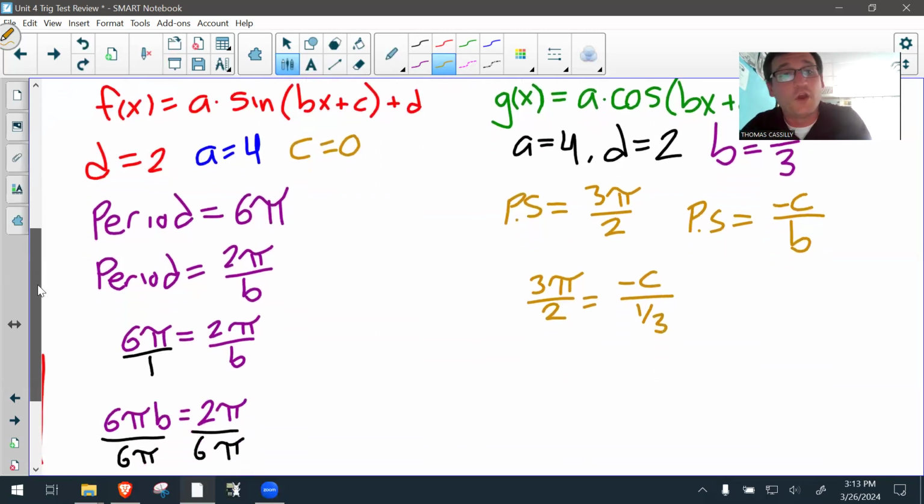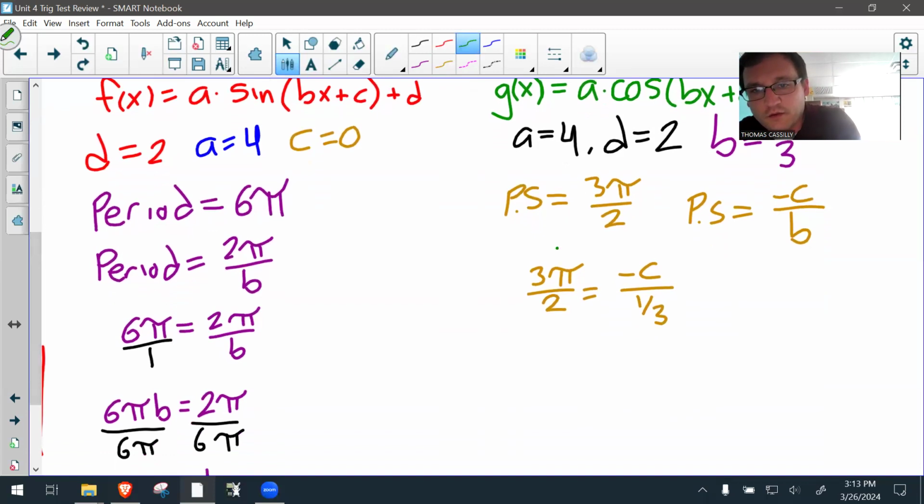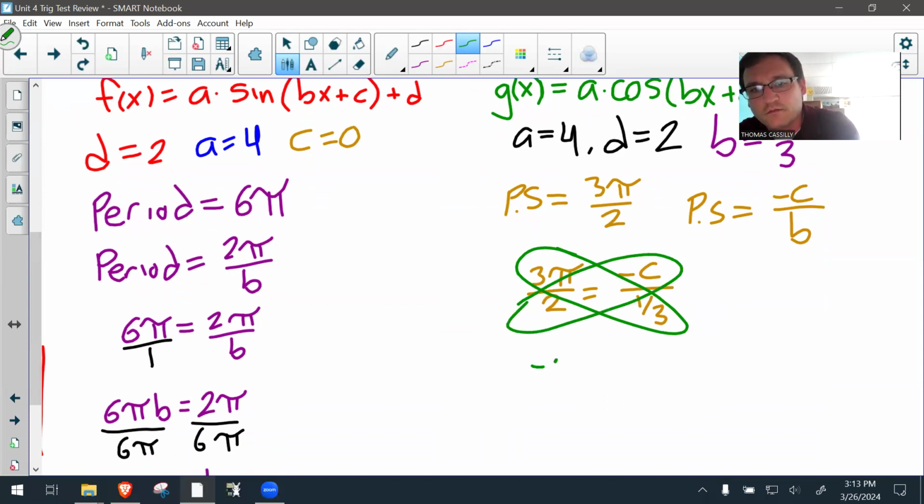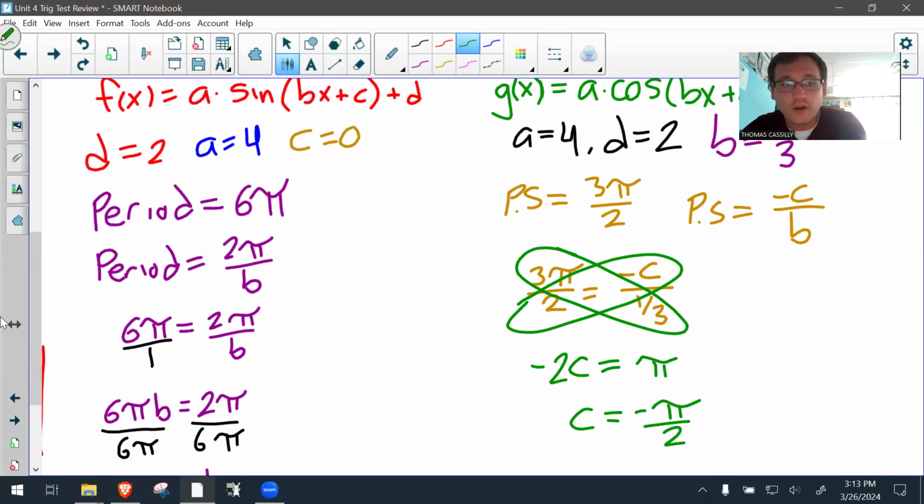And just like last time, cross multiply that and see what comes up. So we have negative 2c equals 1/3 times 3 pi. That is just pi. All right. Divide both sides by negative 2. You're going to have c equals negative pi over 2. All right, there's your c value.